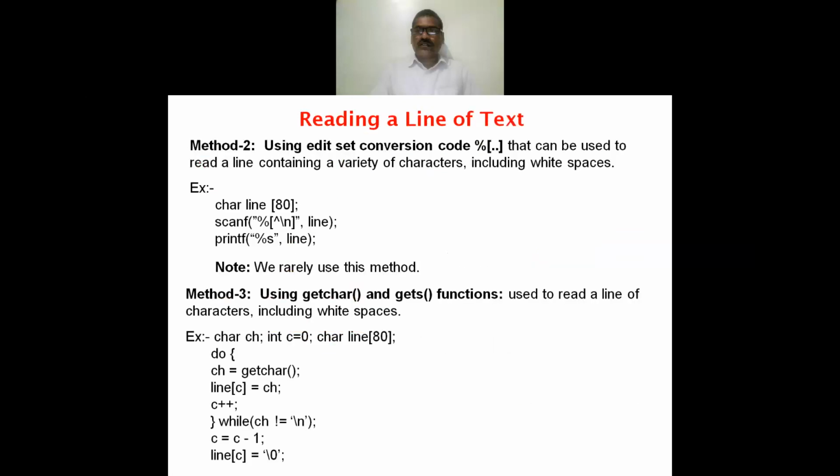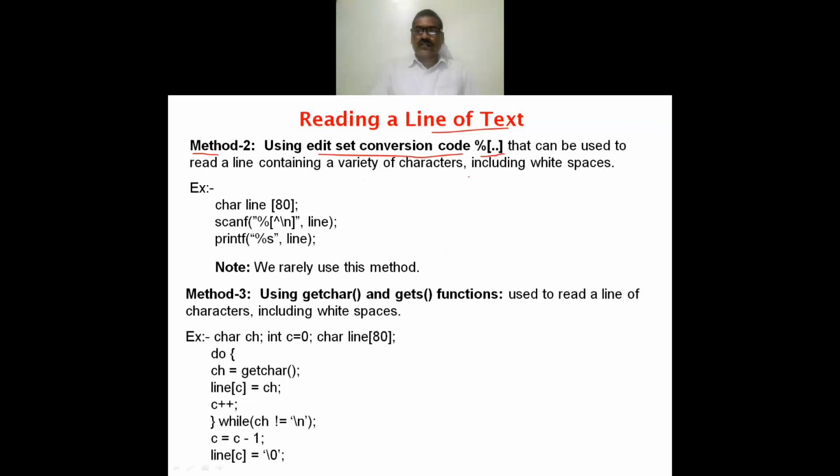Then the second method of reading strings is that we can read a line of text by making use of an edit set conversion code. That edit set conversion code is a percentage sign followed by square brackets. Within these brackets, you can specify the characters that may be contained in the input, and the characters that are excluded.